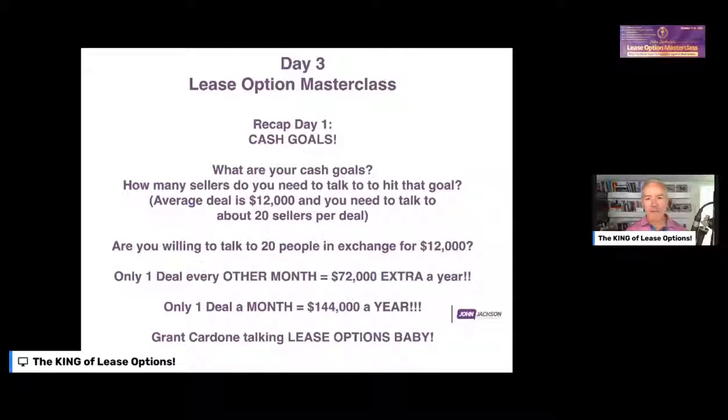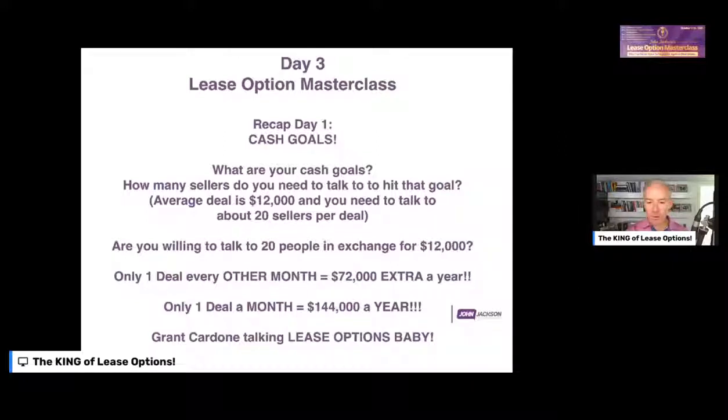It's actually about half that. If you send off even 10 seller price sheets, you're going to get a deal. Mathematically, you just cannot not. But again, going with a really high number of 20, are you willing to talk to 20 people in exchange for $12,000? And again, one deal every other month, that's $72,000 a year. One deal a month is $144,000 a year.